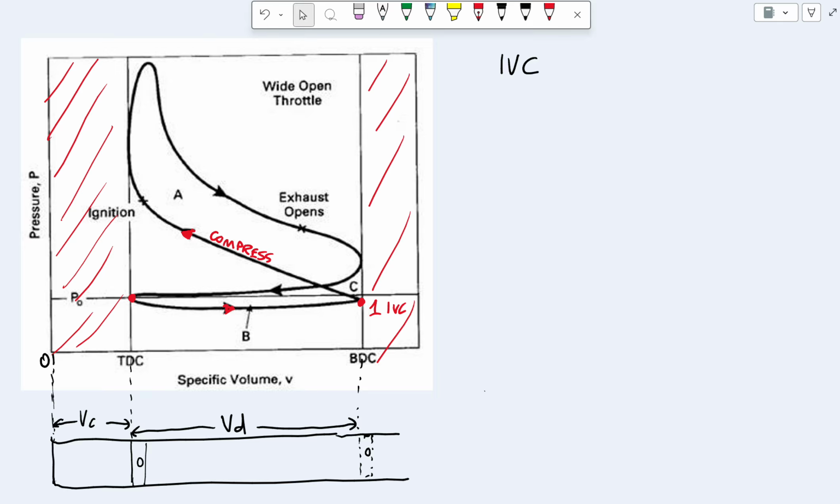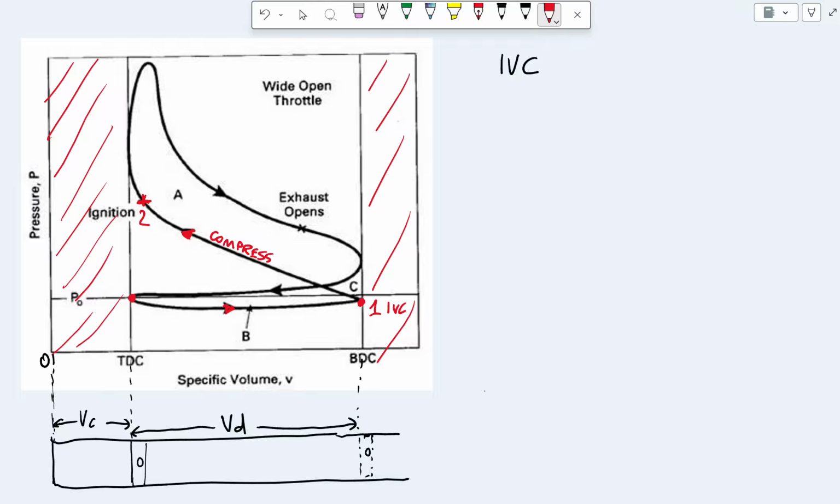And when we get close to top dead center, we actually have our ignition. Okay, so our ignition occurs at point 2. What happens there is our piston cylinder assembly is going to be compressed enough and pressured enough that we can usually spark the gasoline and start our combustion.